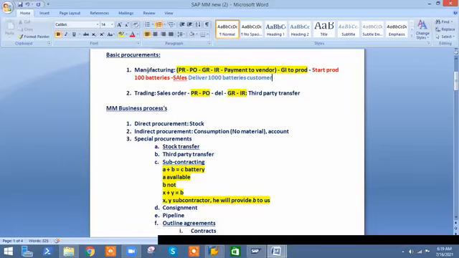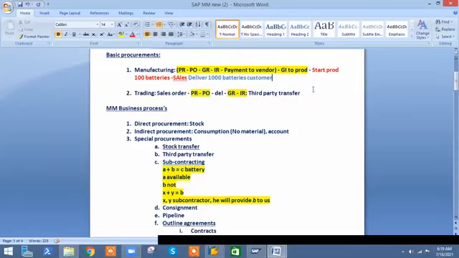In a manufacturing industry, the purchasing team is involved, the production team is involved, the sales team is involved, and in addition to that, the finance team is always involved. Why? Because finance deals with pure money.